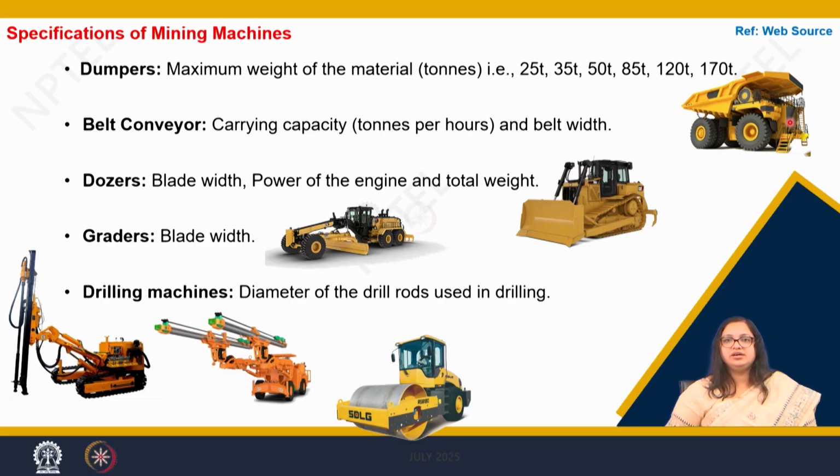So, let us take an example of a donkey. The donkey has a certain capacity to pull a certain amount of material that is put on its back. The same way goes for the dump truck. It has a certain engine capacity to pull a certain amount of material that it can transport from one point to the other.